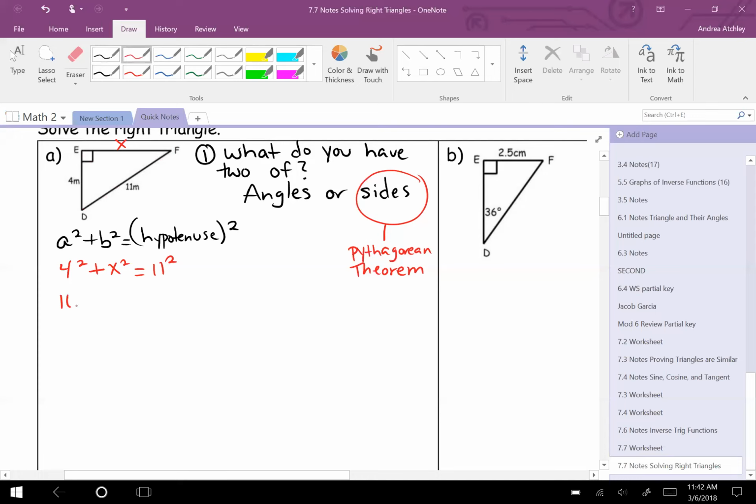So this will give me 16 plus x squared equals 121. Subtract the 16 minus the 16. You're going to get x squared equals 105. Then we're going to put that into our calculator.